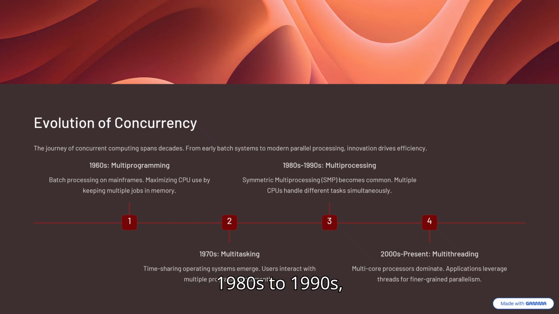In the 1980s to 1990s, multiprocessing was introduced. The rise of multi-CPU systems allowed real parallel processing. From 2000 onwards, multithreading was introduced. With multi-core processors, even individual apps began using multiple threads for a smoother experience.